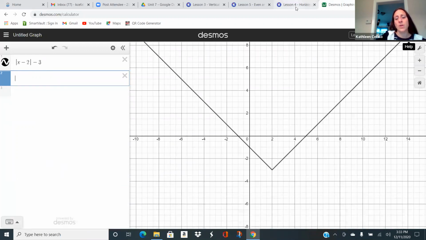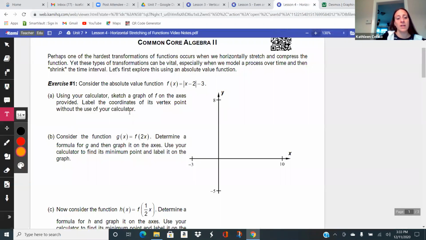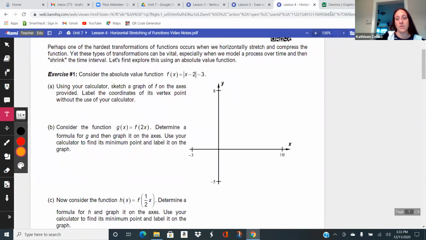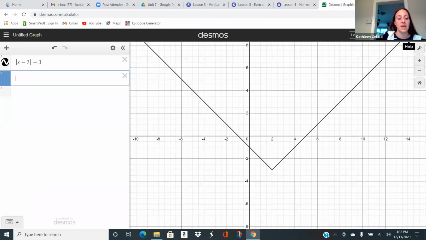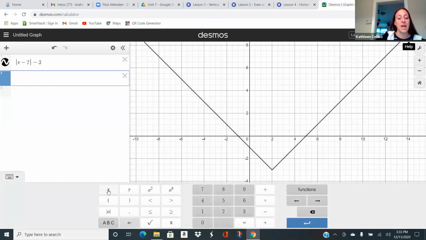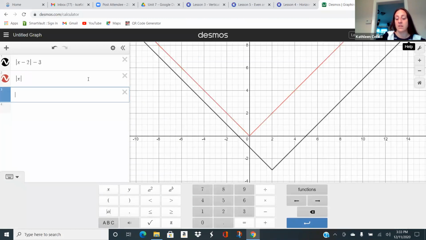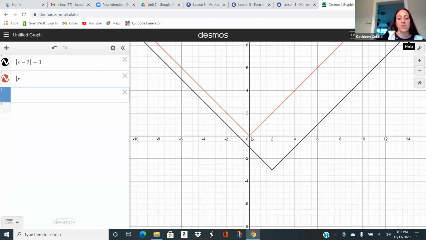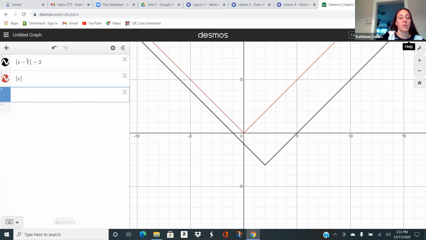All right, so that would be the graph, and it wanted us to find its vertex without the use of our calculator. Well, here's what I'm going to do. I'm actually going to go back and say, just so we have an idea of the absolute value of x, what does that look like? Let's graph that. Okay, so if I'm thinking from our last unit, maybe what's going to be going on here? Well, I definitely know it's got to be going down 2.